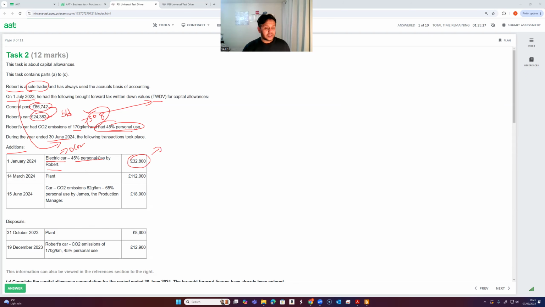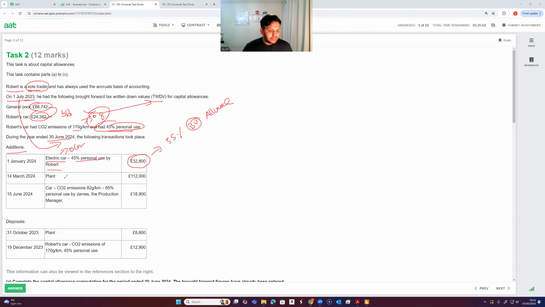If 45% is the personal use, that means 55% is the business use. And we can only claim the business use portion because he's a sole trader. And the 55% allowance we can claim for that car. So you need to do 32,800 multiplied by 55%.